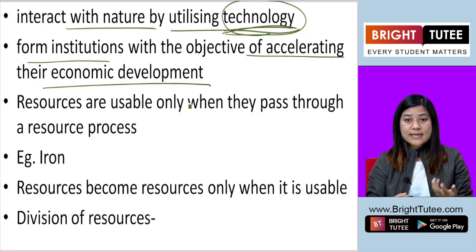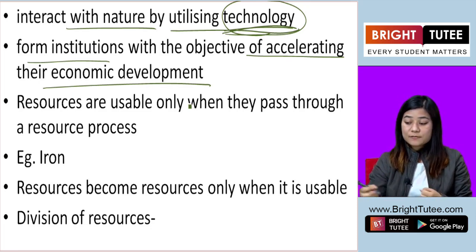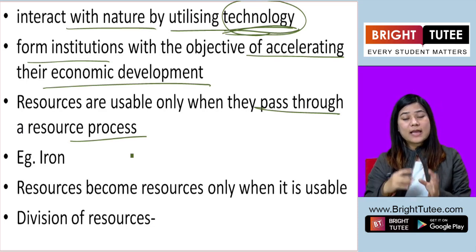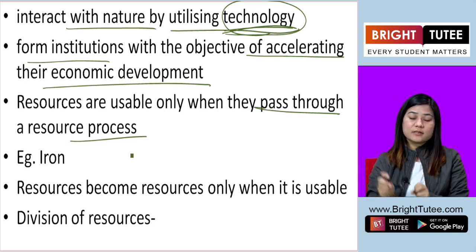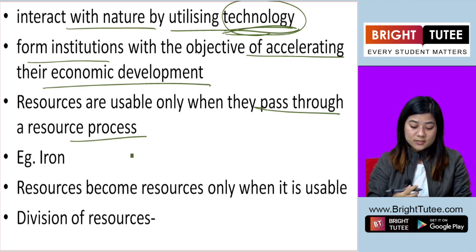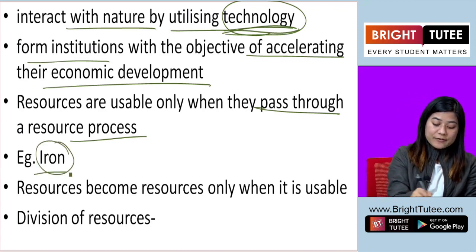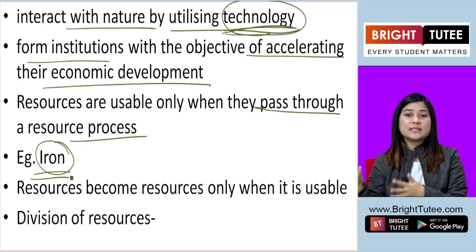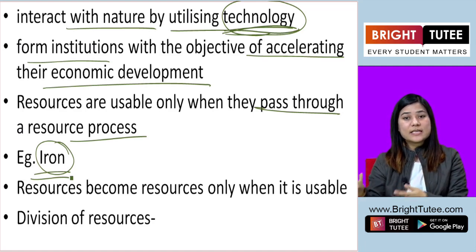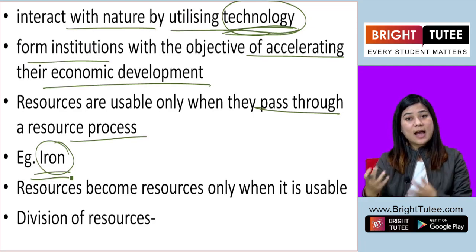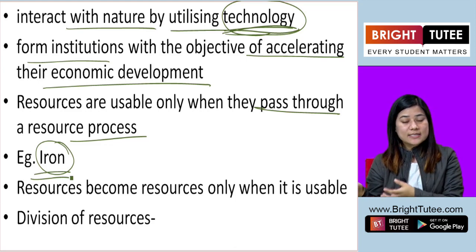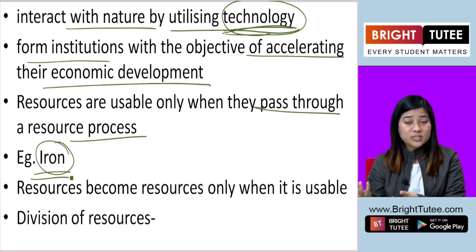Now, resources, like I said, are not usable directly. They have to pass through a process, and only after that process is complete can the resource be used by us. For example, we take iron. The iron, the metal that we get in the market, we can easily go buy it. But that iron is not found in nature as it is available in the market for us to purchase.